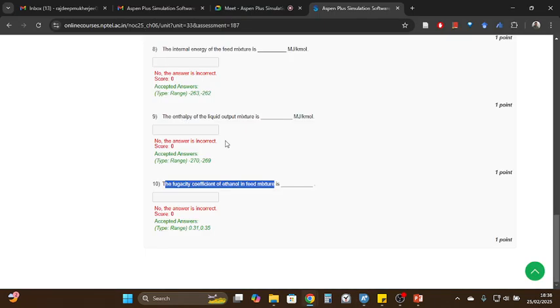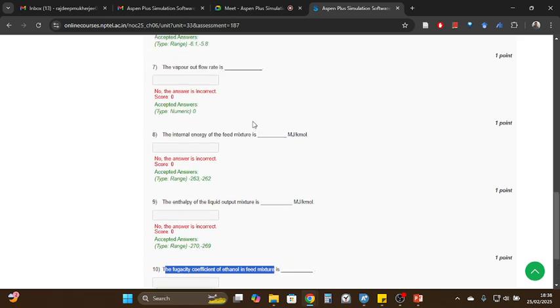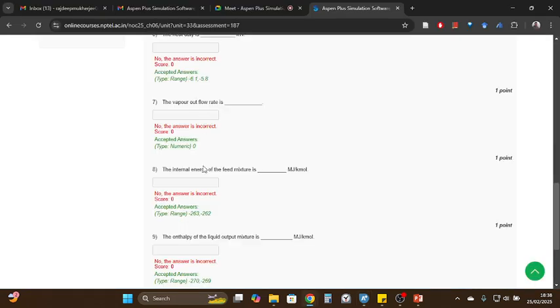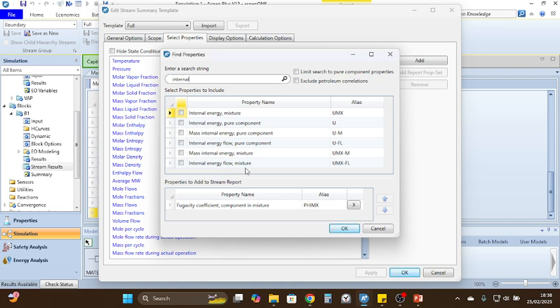Okay. Anything else? Enthalpy of liquid output mixture, internal energy. Let us select internal energy. What is being asked? Internal energy of the feed mixture.